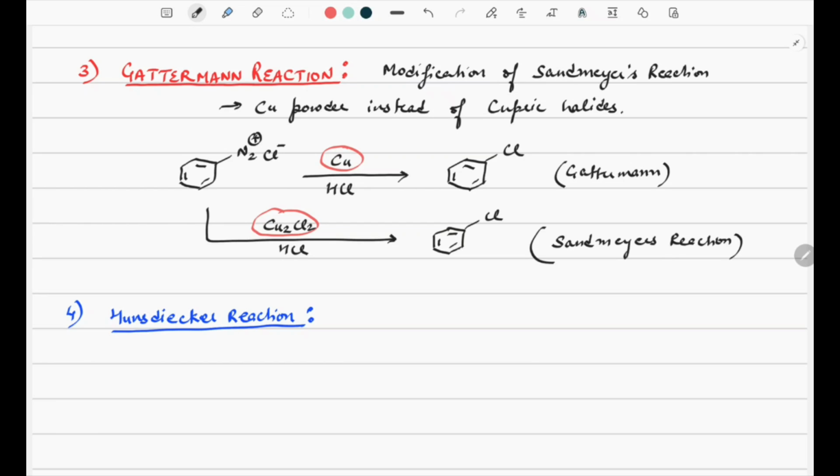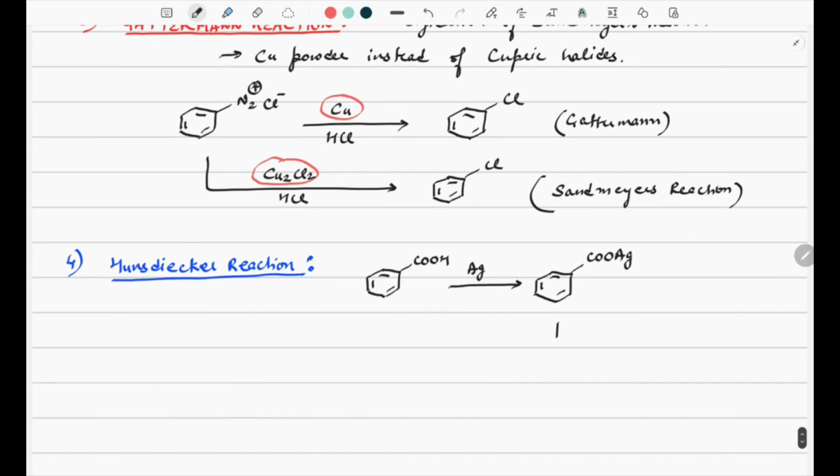The next method is the Hunsdiecker reaction. In this reaction, an aromatic acid is converted into its silver salt, that is COOAg, which is further treated with bromine in CCl4 as a solvent, and the mixture is refluxed to obtain bromobenzene as the final product.